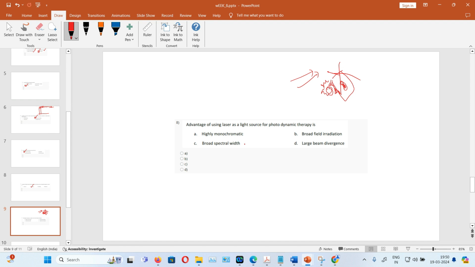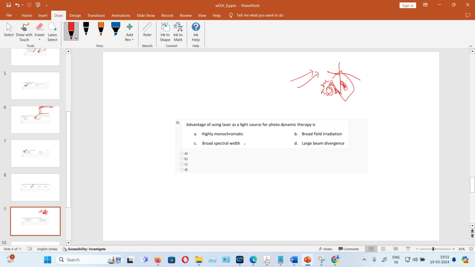So in olden days, what they used is a normal incandescent lamp, which is enough to give the photodynamic therapy, because the coherence of the wave does not matter that much, as this is a normal absorption.